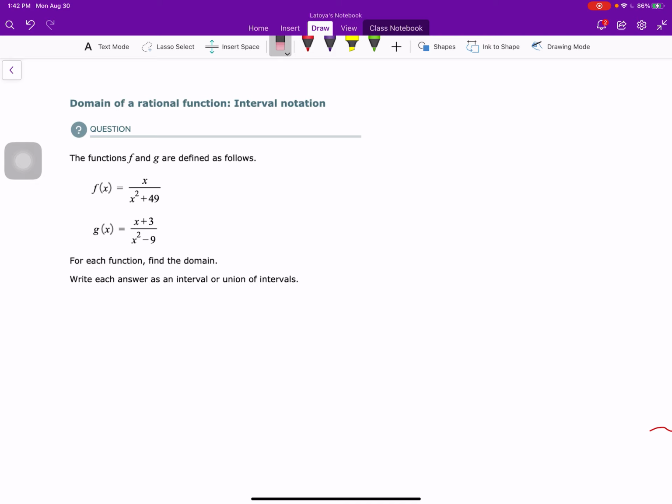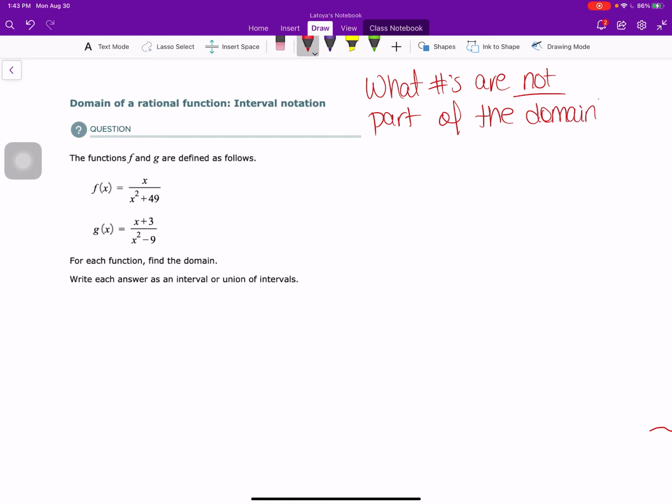Now, many times for these types of problems, you will have an infinite amount of numbers that you can substitute into these functions and they'll be part of your domain. So this is the question you should ask yourself: what numbers are not part of the domain?